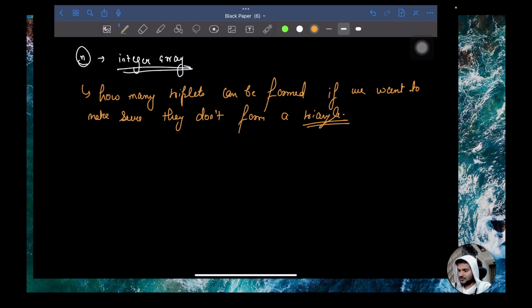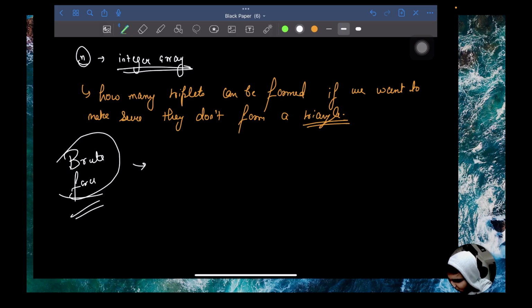This is the question in front of us. Now one brute force approach can be what? If I try to go for a brute force, then the brute force approach can say to form all possible triplets.